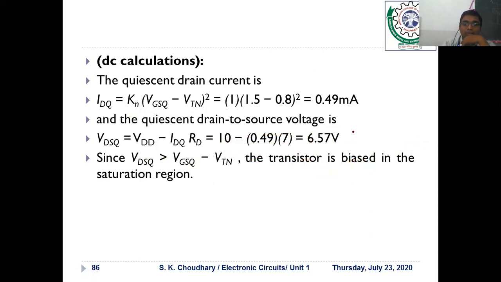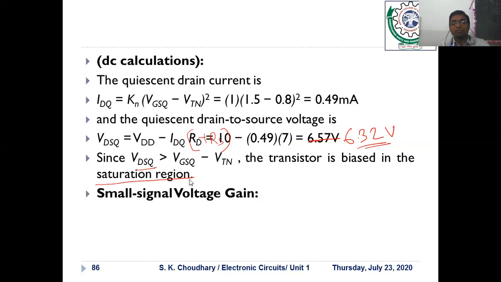In this case, is it still biased in the saturation region or not? If you see the VDSQ 6.32 volt, it is greater than 1 minus 0.8, 0.24. So it is still biased in the saturation region. It means our assumption is correct. Our circuit is acting as an amplifier.